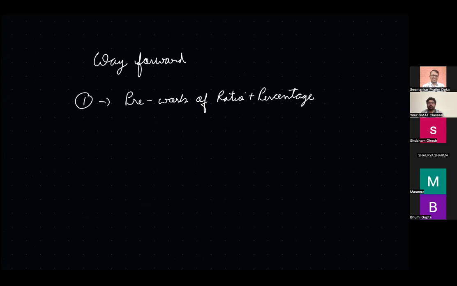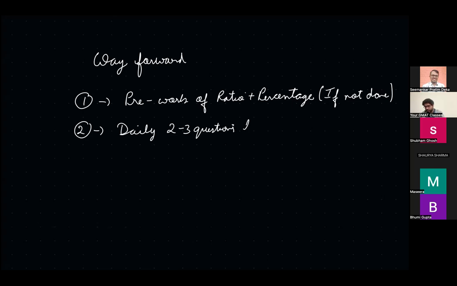If not done, we will solve pre-work of ratio and percentage. Number 2: daily, we will do 2 to 3 questions from the extra questions PDF. I will share an extra questions PDF.